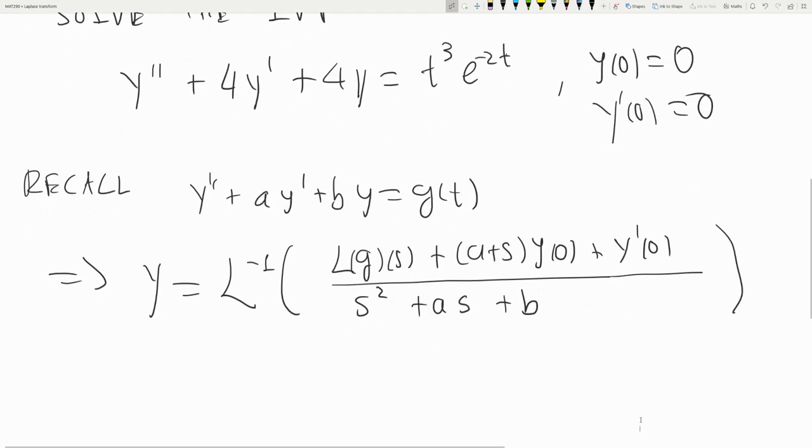You can do this yourself just by taking the Laplace transform of both sides.